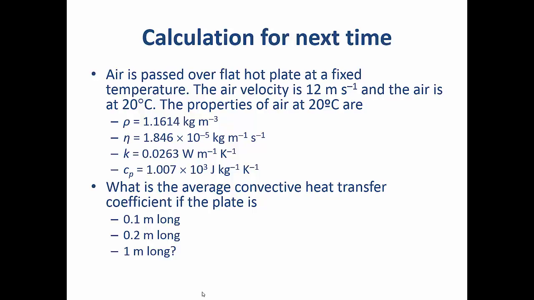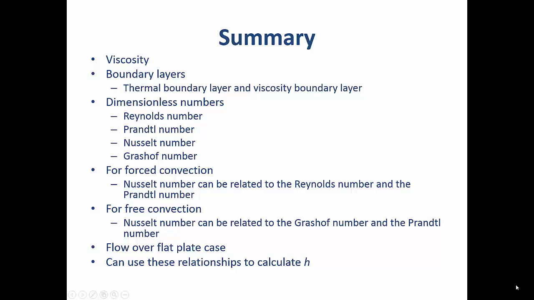So what I've done overall in this session is introduce some ideas around viscosity, and then moved on to look at boundary layers, the fact that temperature changes and velocity changes in convection conditions basically occur near the surface of the object that we're dealing with, and that the thermal boundary layer and the viscosity boundary layer are unfortunately usually different thicknesses.